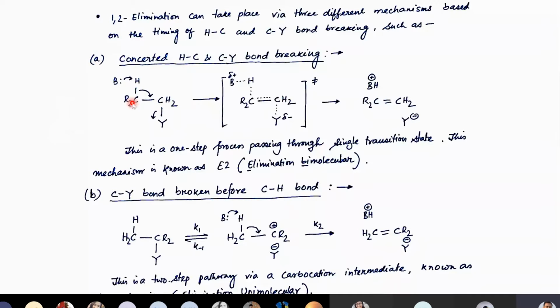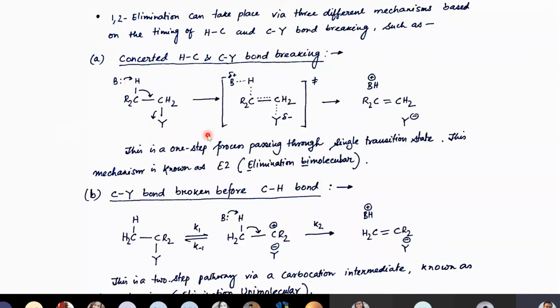One possibility is where your C-H bond breaking and C-Y bond breaking are simultaneous, together. If these are happening together, then this process is called a concerted process, the one-step process. In one step, both the bonds are breaking.